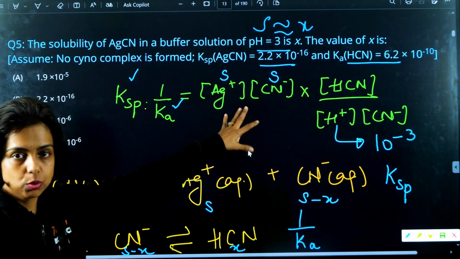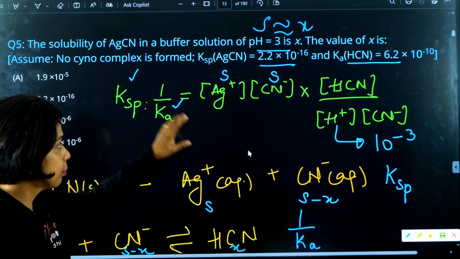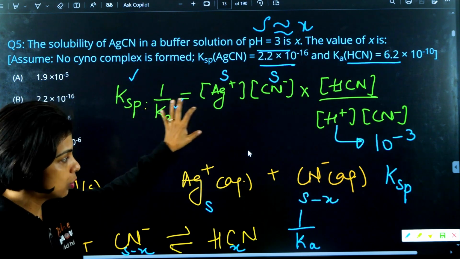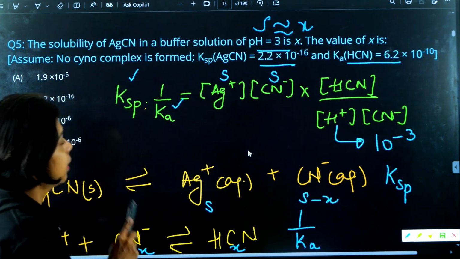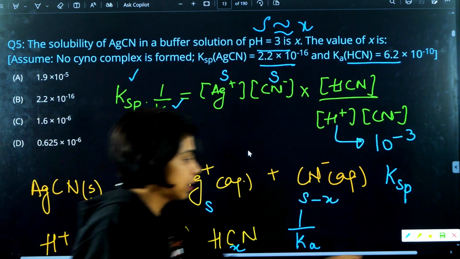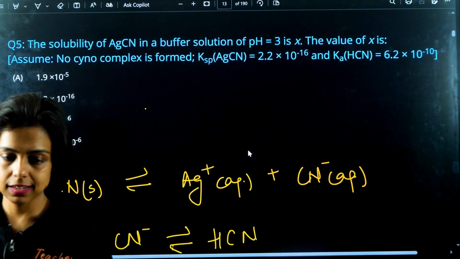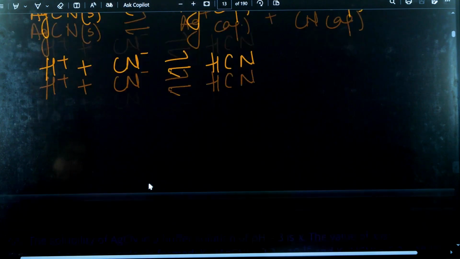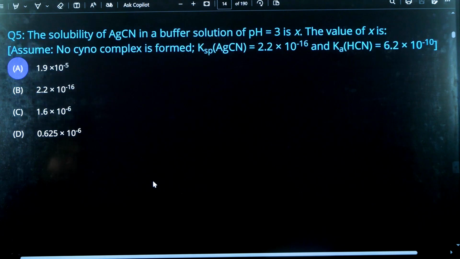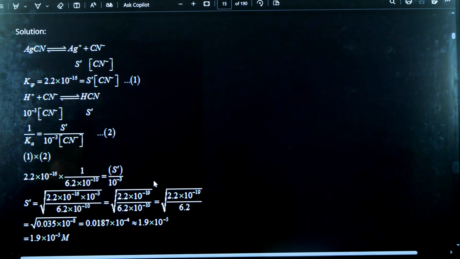Using just this assumption and solving, you can calculate the solubility, which I'm taking as S here. After putting the values, you will get your answer as option A, 1.9 times 10 raised to power minus 5. You can check here if you made any calculation mistake, guys.